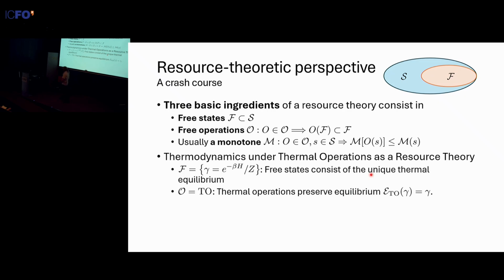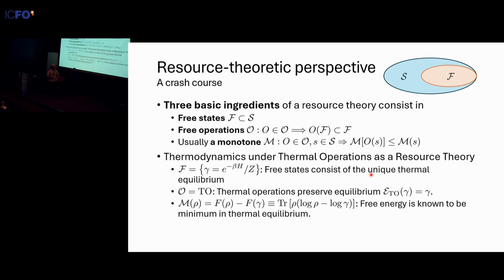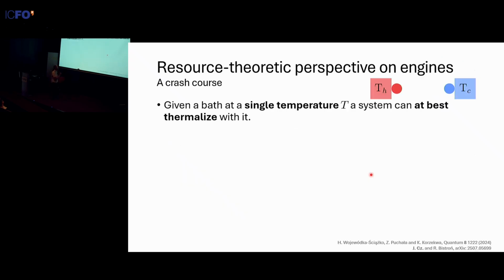The free operations in this case are not uniquely defined. There are many models, but in our case we are selecting thermal operations, which satisfy the condition that the image of the free state, that is the Gibbs state, is still a Gibbs state. An exemplary monotone can be given by free energy, which reduces as we get closer to equilibrium.